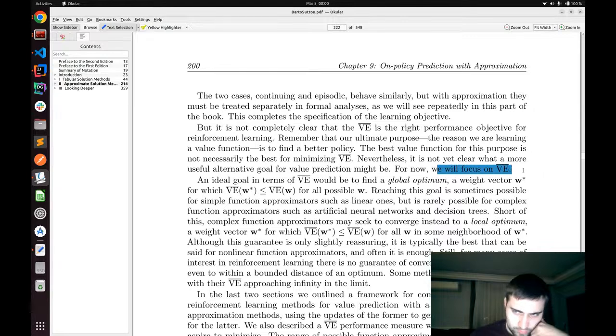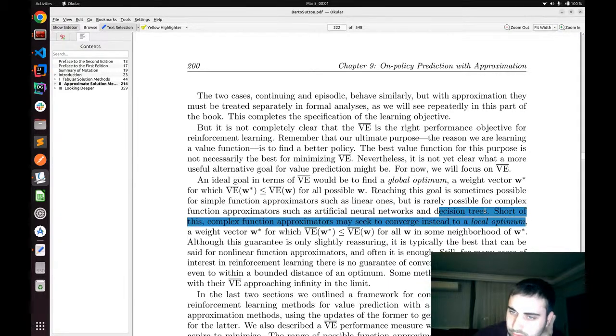For now, stay with VE. An ideal goal in terms of VE would be to find a global optimum, a weight vector w star for which VE of w star is less than or equal to VE of w for all possible w. Reaching this goal is sometimes possible for simple function approximators such as linear ones, but is rarely possible for complex function approximators such as artificial neural networks and decision trees.